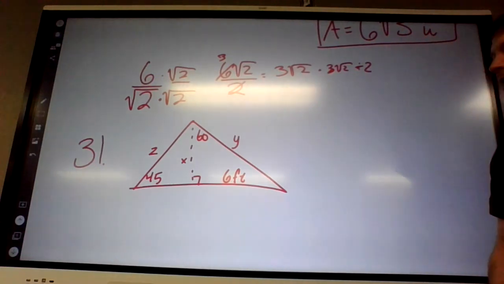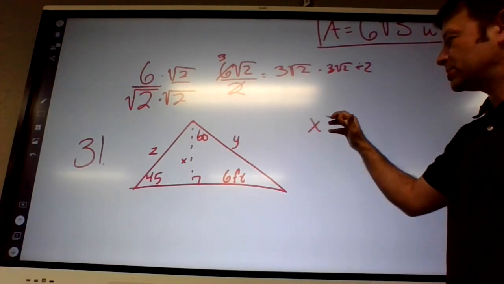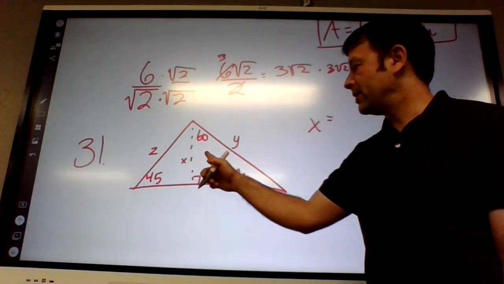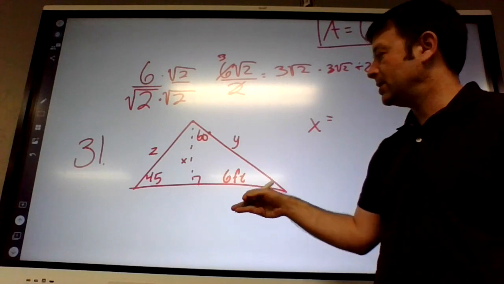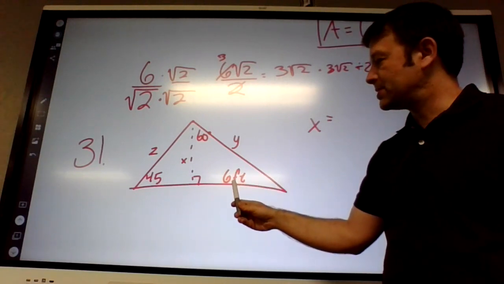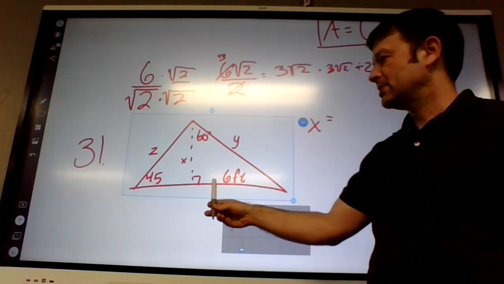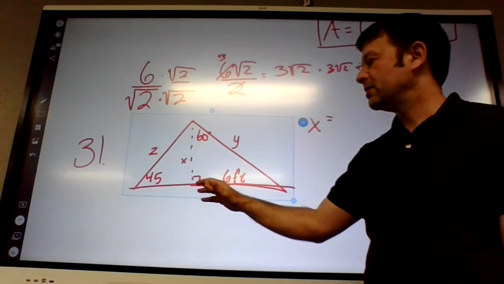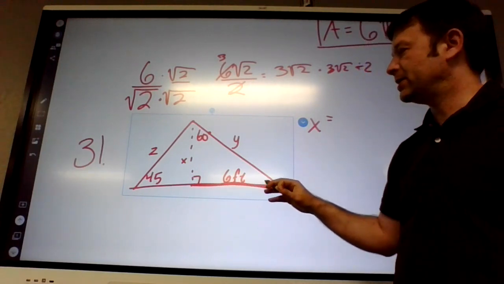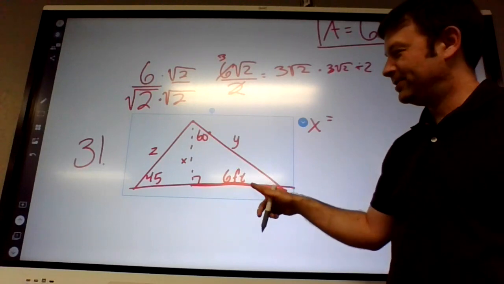This time we're not finding area, we're just finding x, y, and z. For x, there's 60 degrees there, so this is a 30, 60, 90. If this is 6, what side of the triangle is this? Long leg. This is the hypotenuse, right? Yep, you concur.